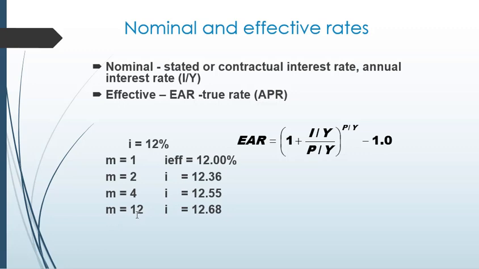Every month the interest rate, 12% divided by 12, gives you 1% every month. But remember, this is interest earning interest. It's compound returns, so it's going to grow faster. At the end of the year, you would actually earn 12.68% instead of 12%.